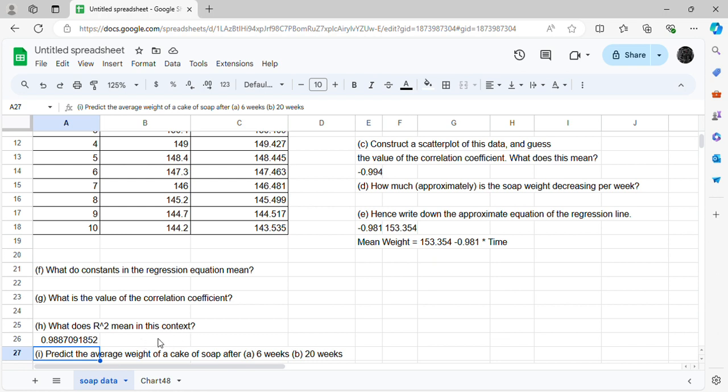Weight is dependent on time very strongly because it is very close to 1.